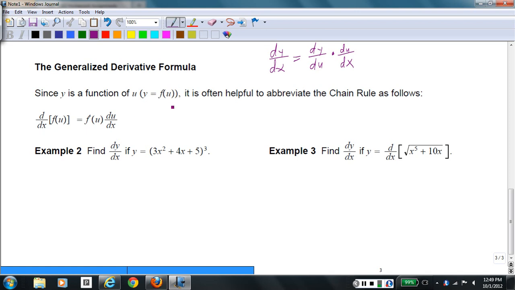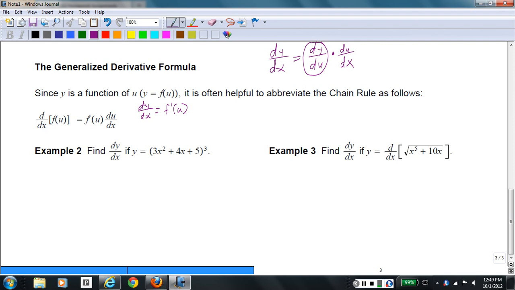Since y equals f of u, dy dx, let me write it directly underneath there, dy dx equals f prime of u. So what I've done is I've picked up the dy du and replaced it with f prime of u.